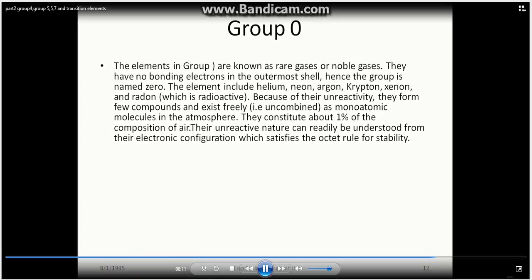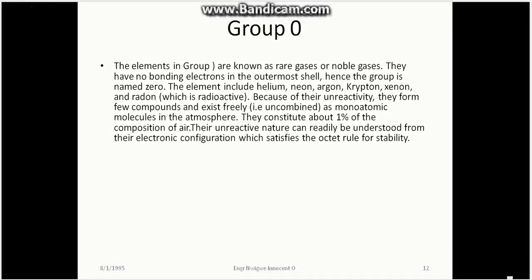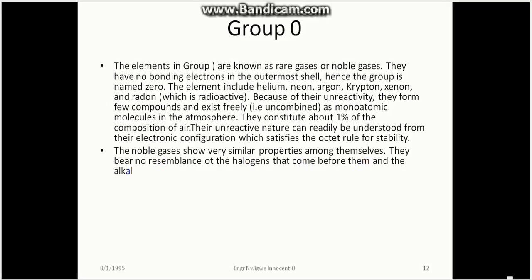They constitute about 1% of the composition of air. Their unreactive nature can readily be understood from their electronic configuration, which satisfies the octet rule for stability. The noble gases show very similar properties among themselves.